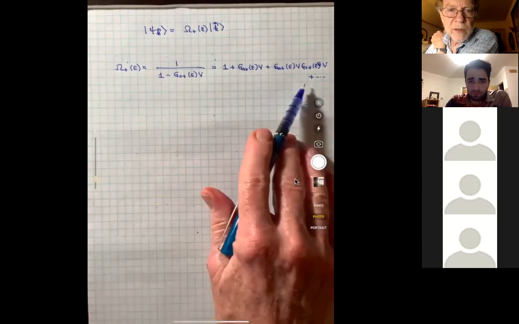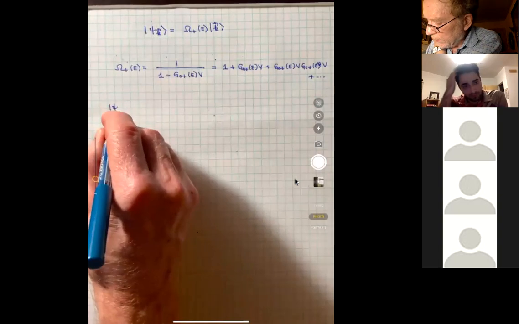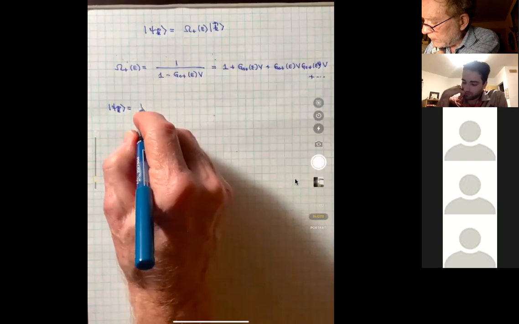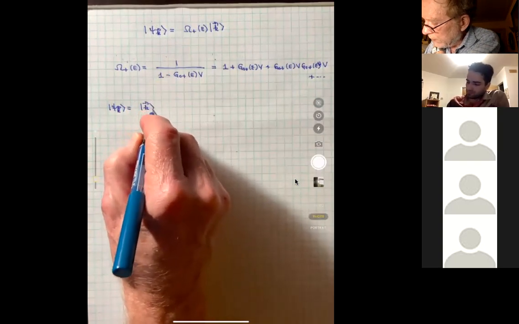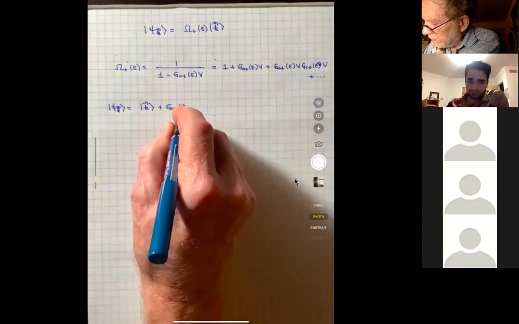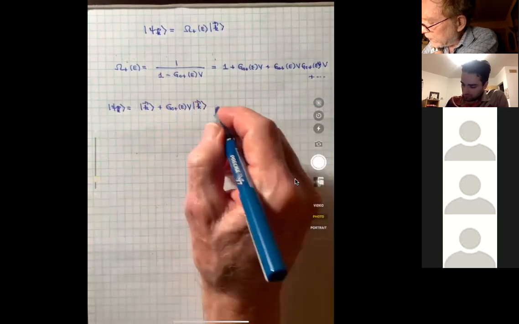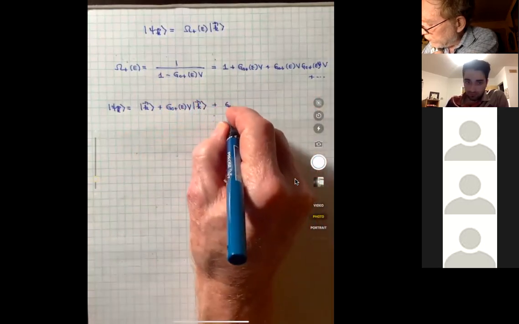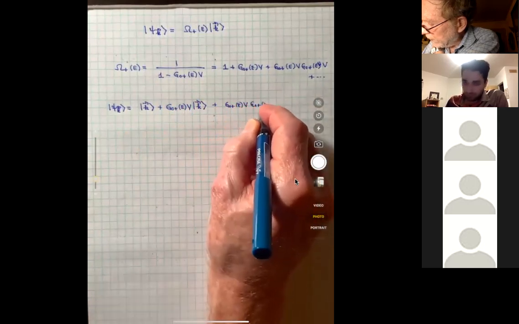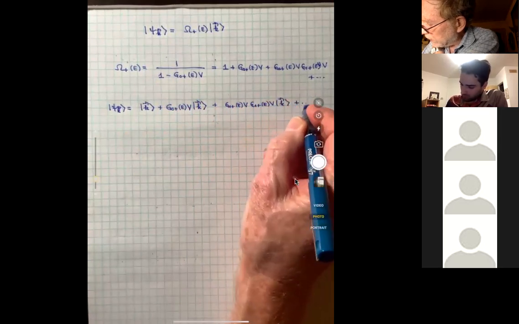And if we take this infinite series and plug it into the wave field, we get psi k, the exact scattering solution, equal to, the initial term is just 1, so we get the incident wave k. The next term is plus G0 plus of energy E times V times k. The next term is plus G0 plus V G0 plus V times k, and so on, plus dot, dot, dot.